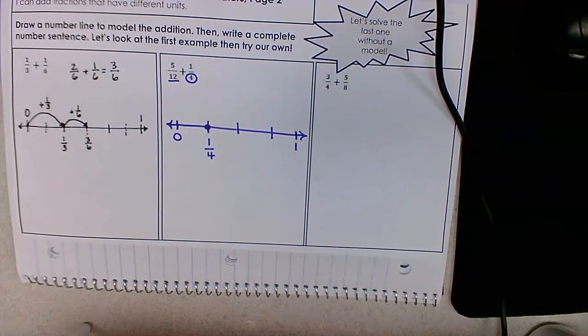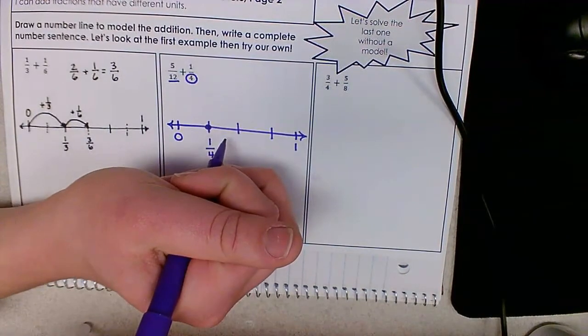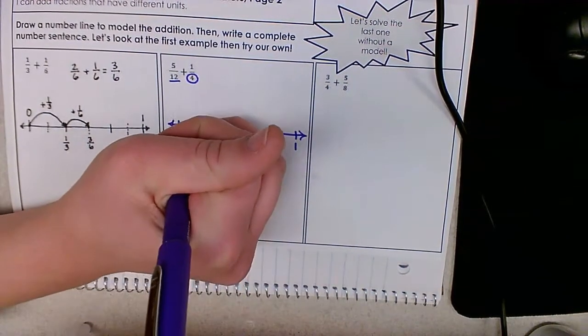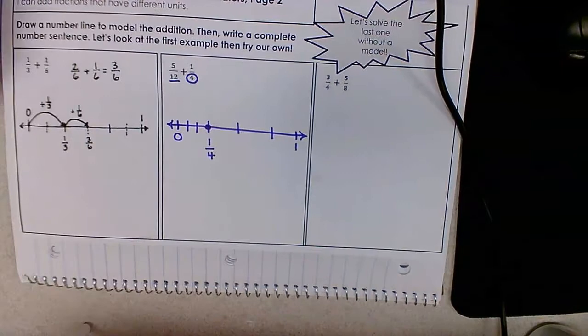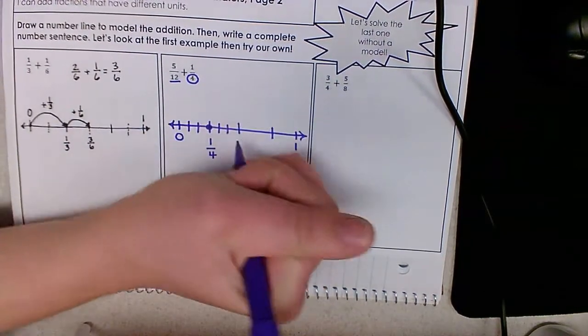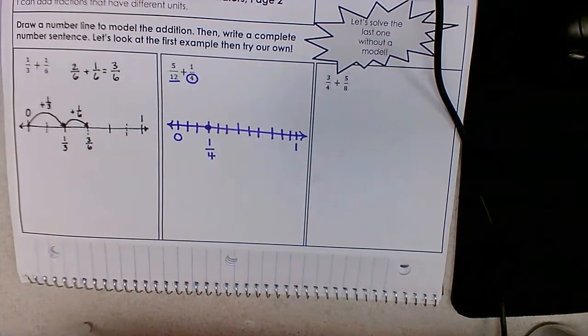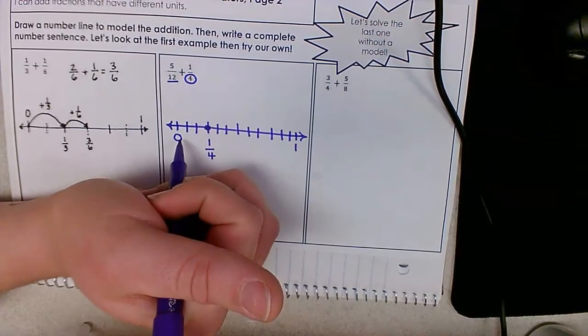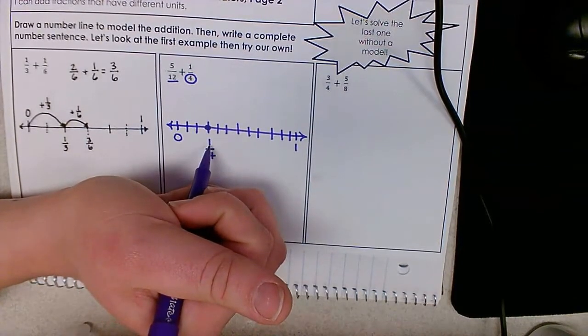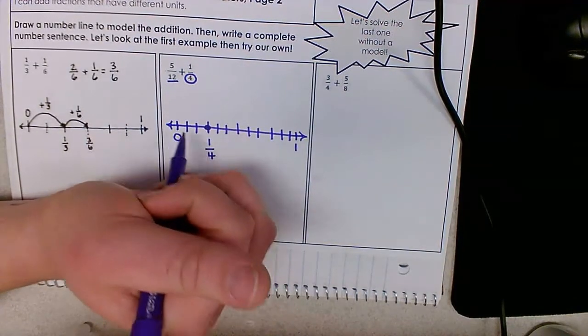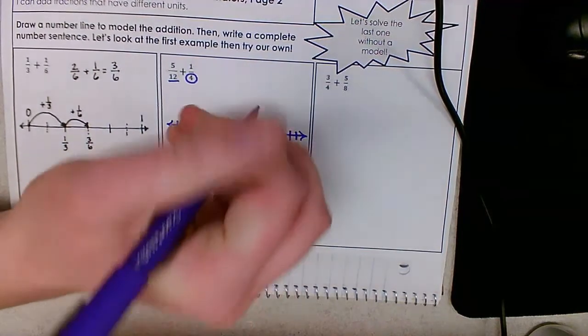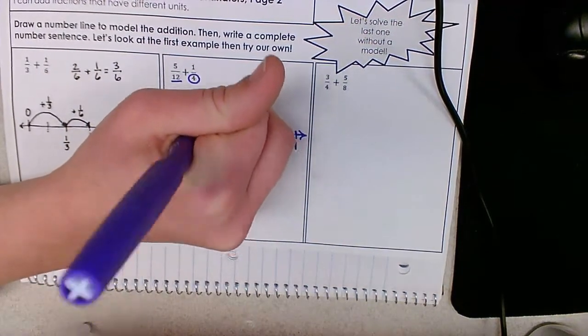So what we're going to do is break each of our fourths into 3 equal pieces. 6, 9, 12. I noticed that since we have twelfths, 1/4 is on the same place that would be 1/12, 2/12, 3/12.